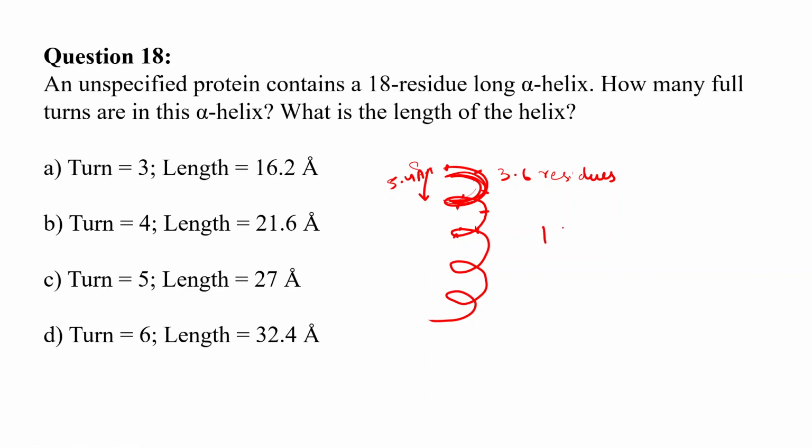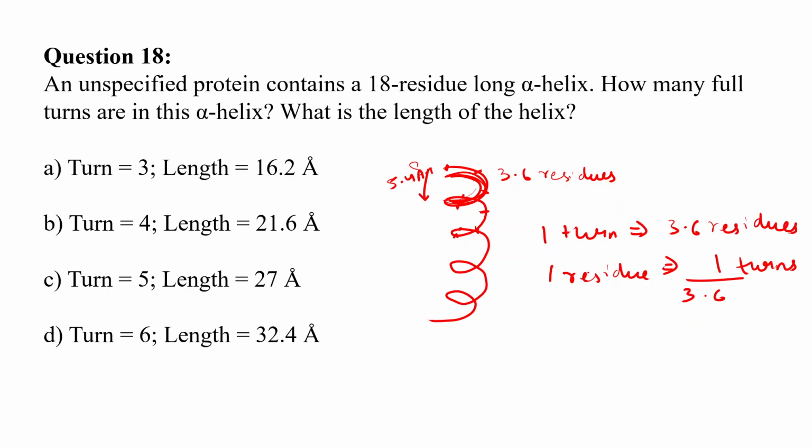So basically, one turn has 3.6 residues. So one residue will have 1 by 3.6 turns, right?